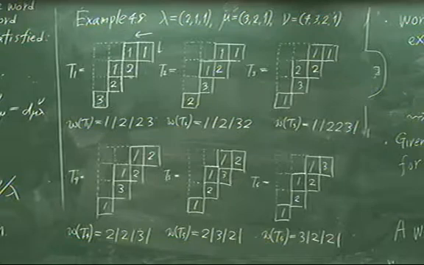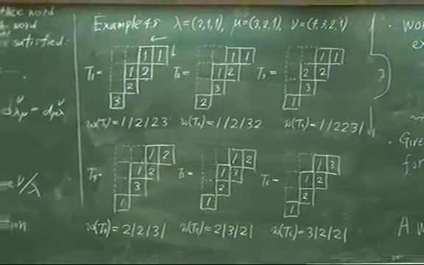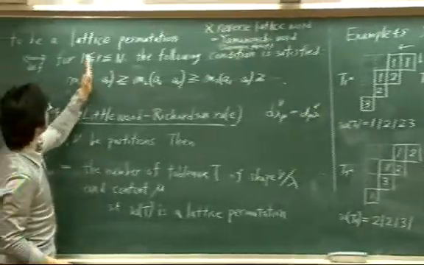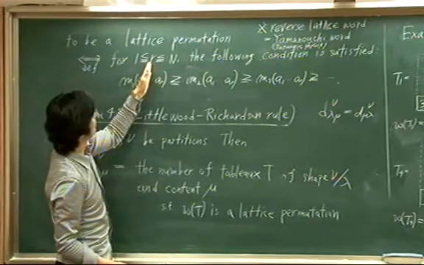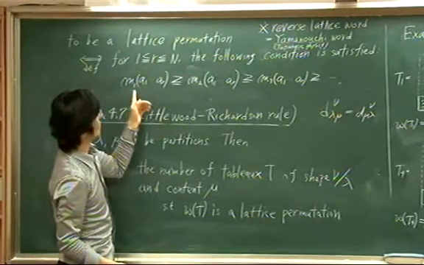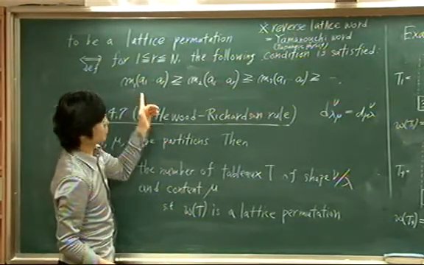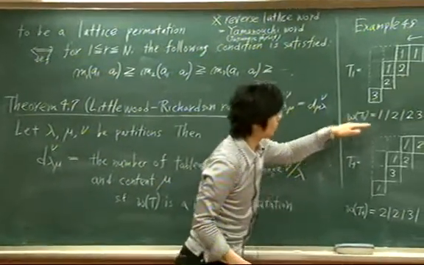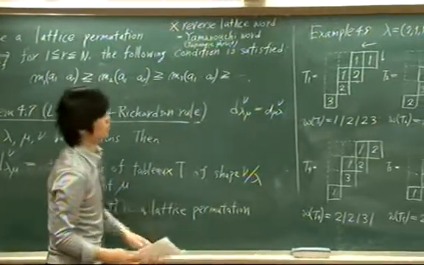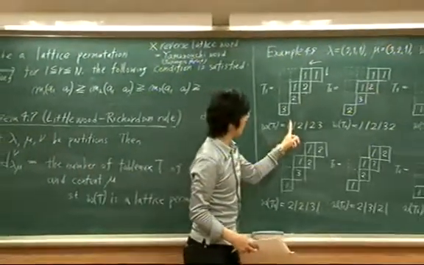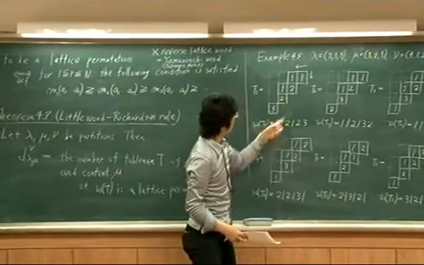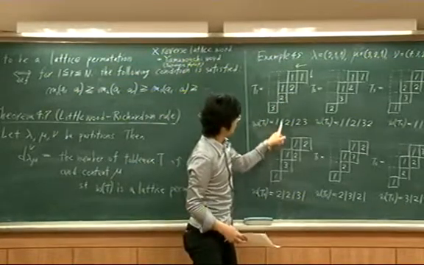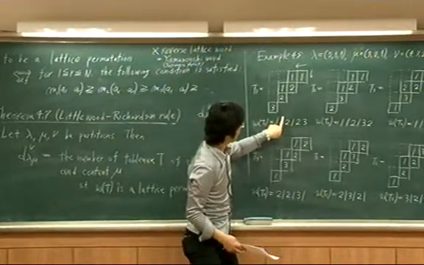So we must check this condition in each case. We must find the tableau which satisfies this condition. For example, in the case of T1, at each stage we check.